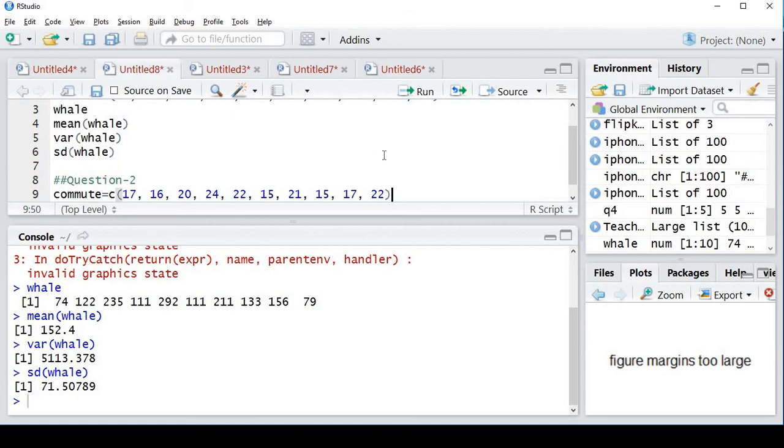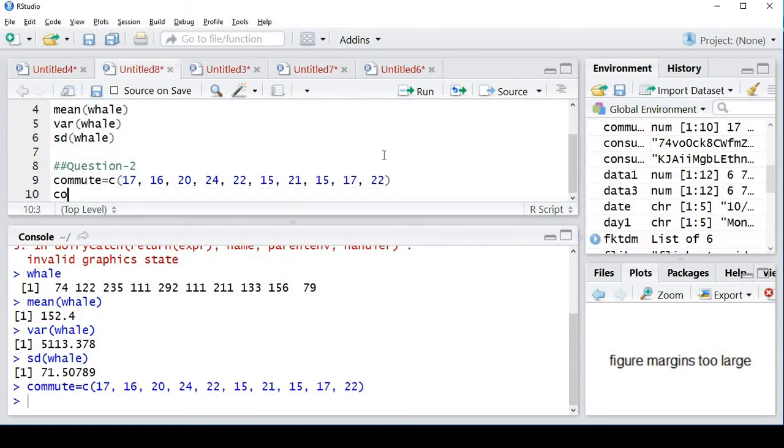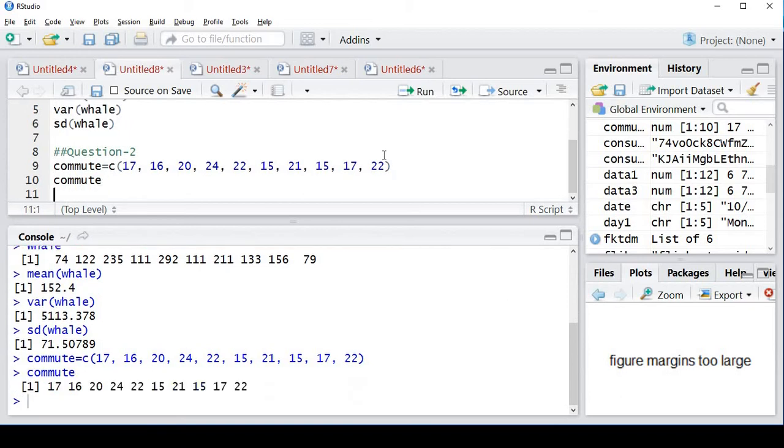Okay, now this is the variable commute. Let's retrieve it and see. Yes, my variable is saved, that is commute.